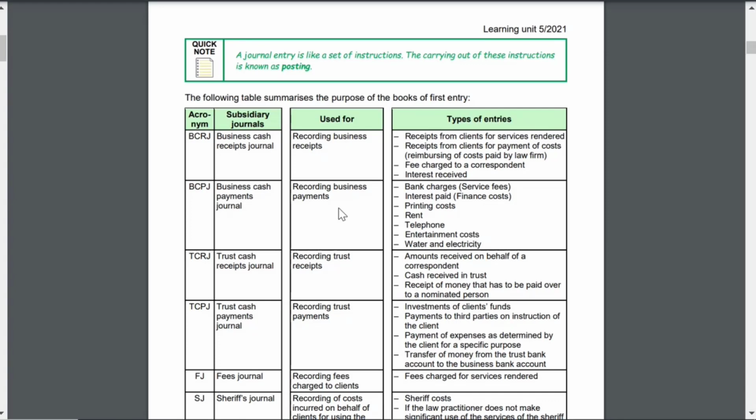So this is all the cash payments that the business makes during the course of running the business. Those cash payments are recorded in your Business Cash Payment Journal.